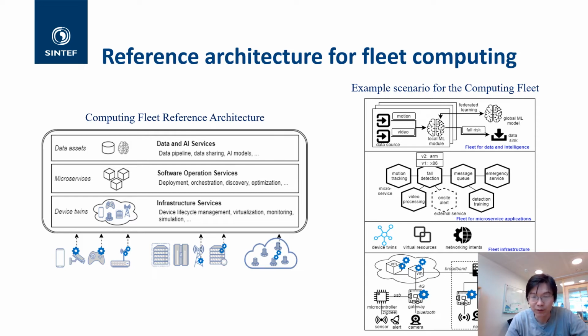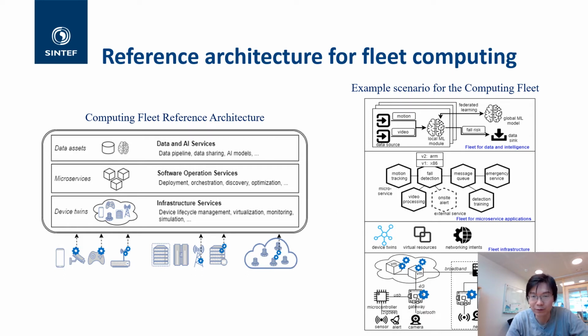The diagram on the right shows the same architecture from a user's point of view. So if you are a fleet owner, what you have at the very low end is a bunch of devices connected to each other. And with the infrastructure layer, what you get is a device twin representing all these devices and some virtual resources that you can provide to the upper layers.